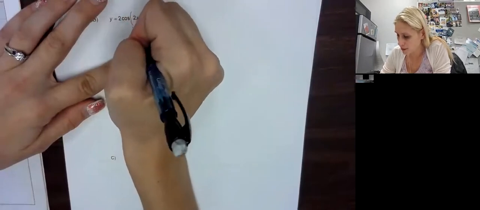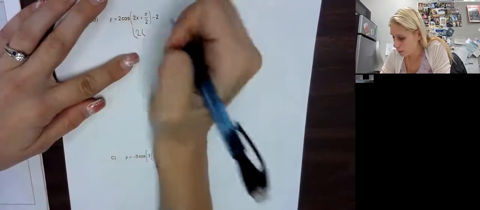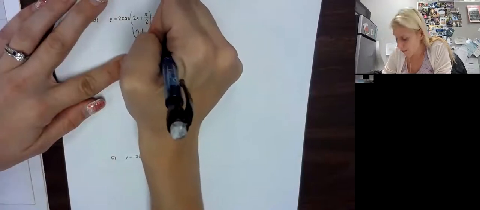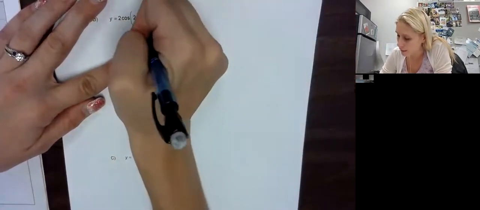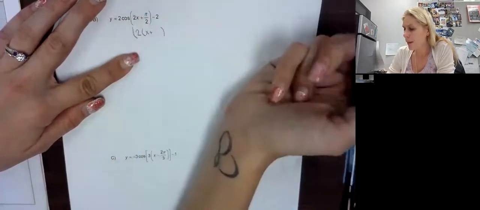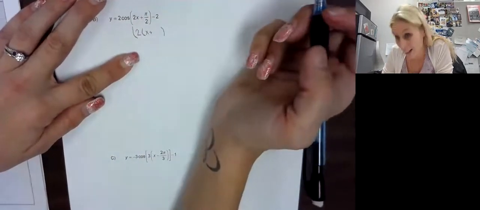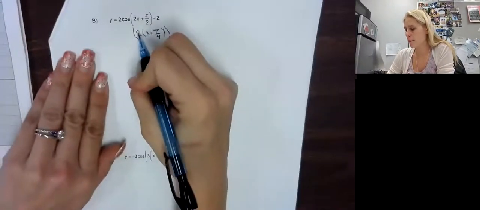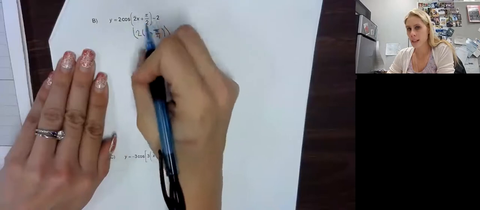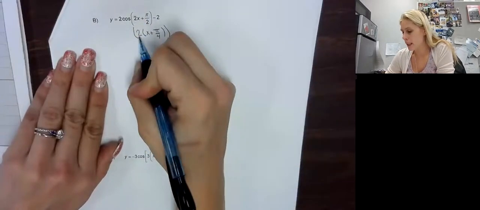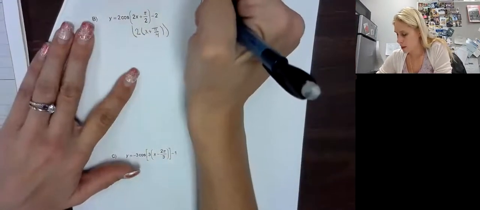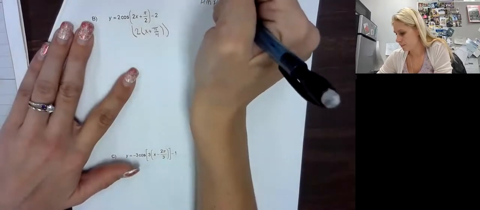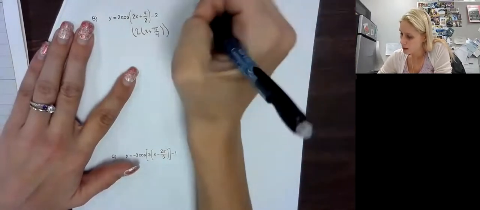When we factor this 2 out, remember that we're dividing everything by what we're factoring out, leaving us x plus pi divided by 2, or pi halves divided by 2, is pi over 4. Now, sometimes what I do, guys, to check myself is I do that distributing really quickly to see if that's what I come out with, because this might be B and this might be C. So our amplitude is 2, period.